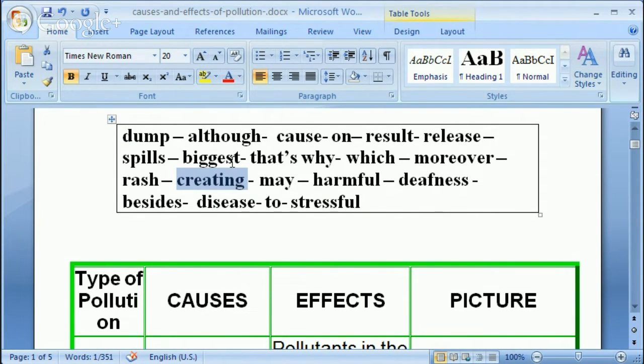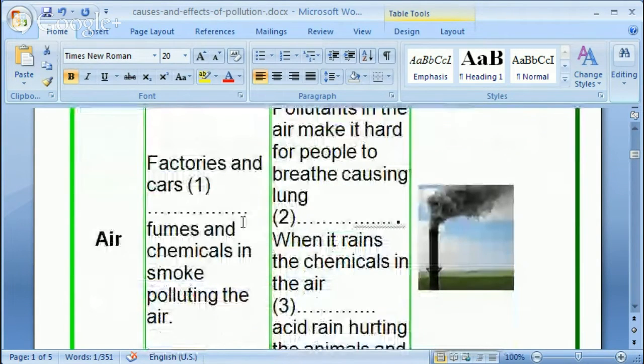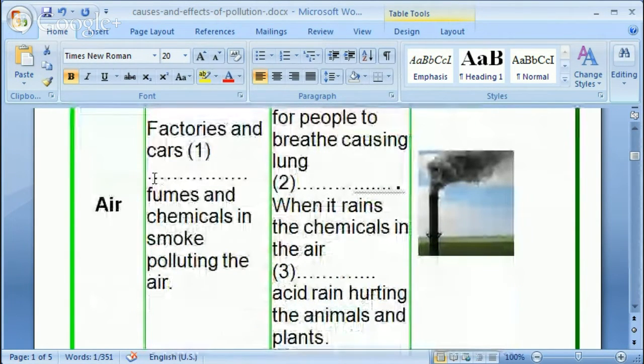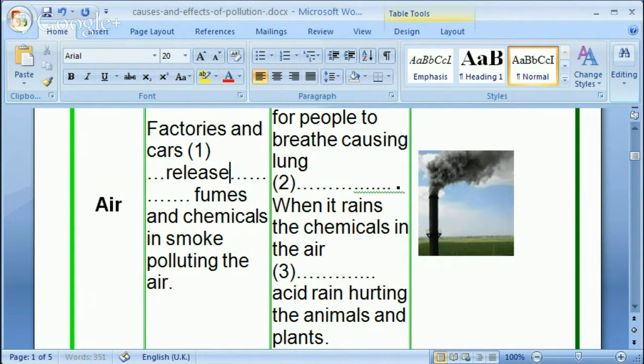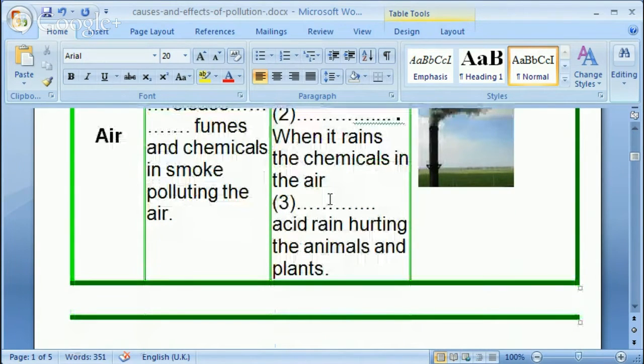All right. So basically, dump, cause, or release. Factories and cars probably not dump fumes and chemicals, probably not cause fumes and chemicals, probably release is going to be the best response here. All right, there's a cause.